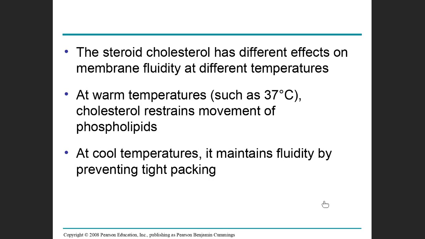So cholesterol helps to keep them more fluid because it prevents the phospholipids from packing tightly together. Many animals can regulate how much cholesterol is embedded in their lipid membranes as a way to regulate fluidity, whether it's too fluid or not fluid enough.